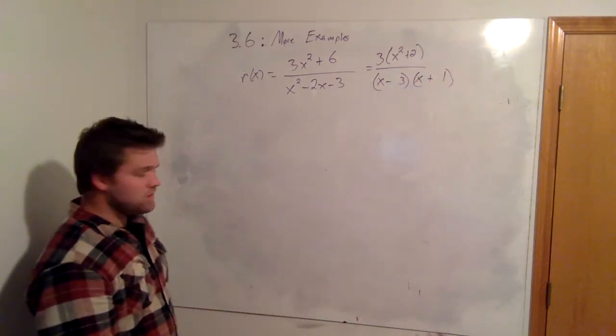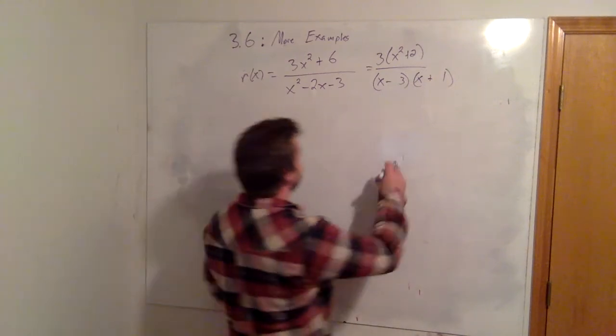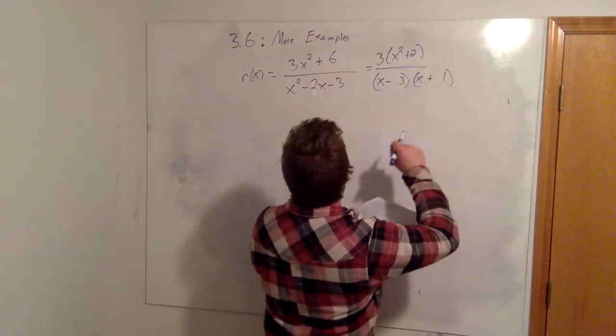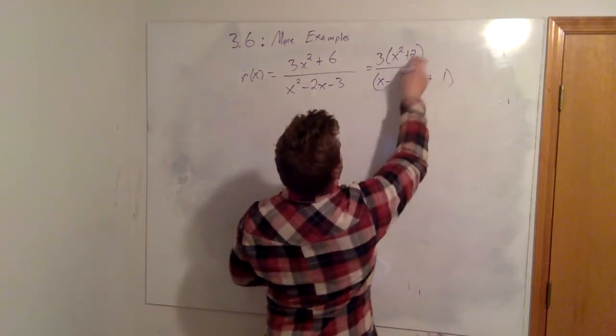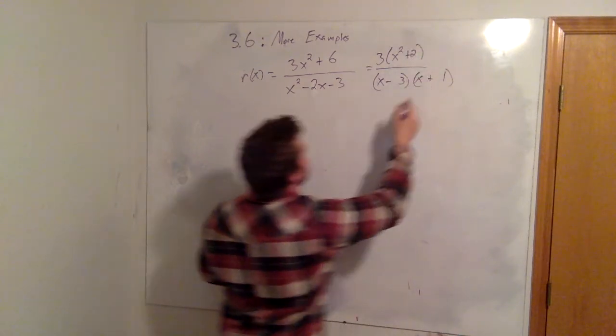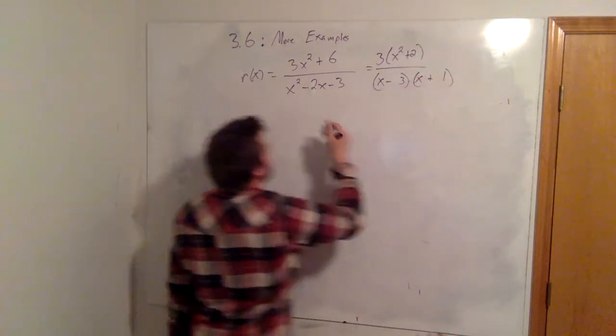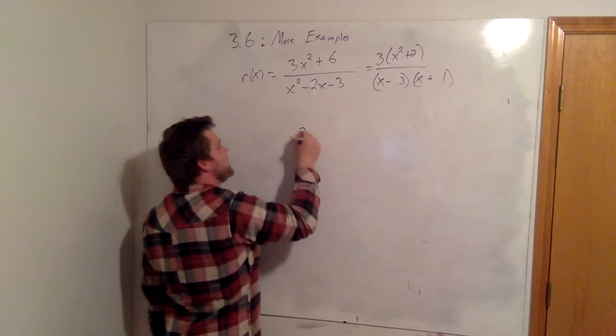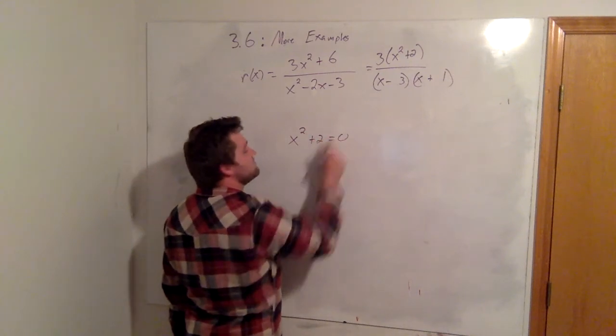Now notice I can't factor this any further, because it's x squared plus 2. And the reason I can't factor this any further is, well, when is x squared plus 2 equal to 0?